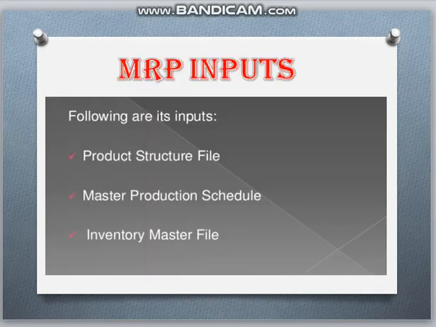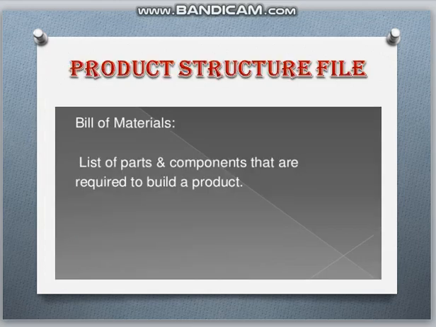It can be classified into three basic types. One is the product structure file, second is the master production schedule, and third is the inventory master file. Let us see one by one. The product structure file consists of a BOM, that is bill of material.